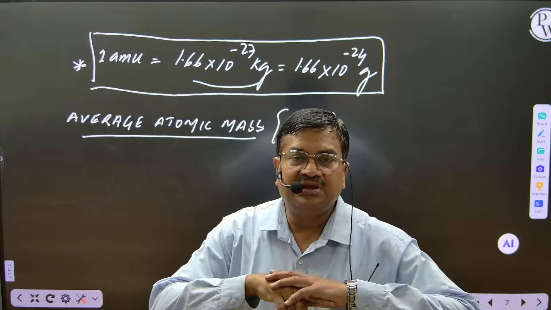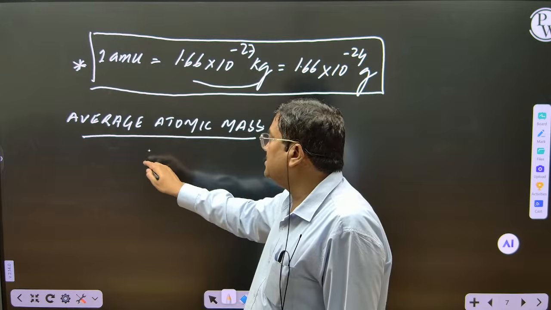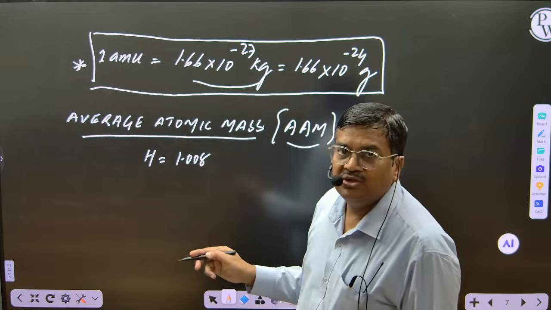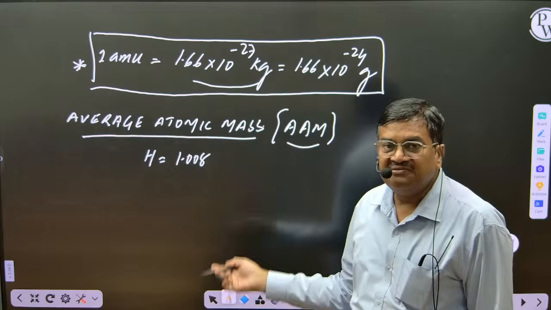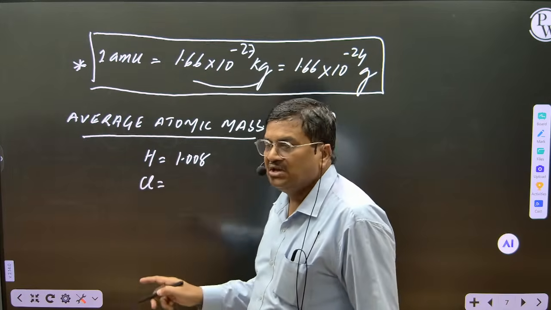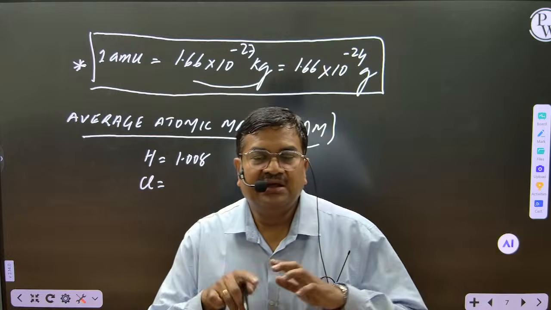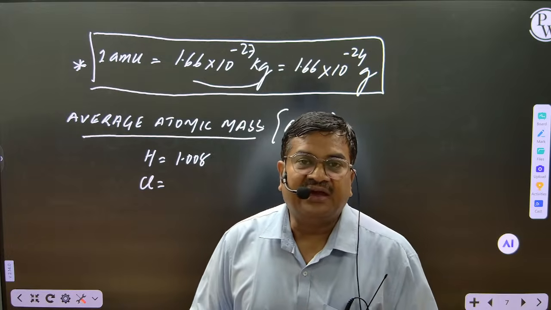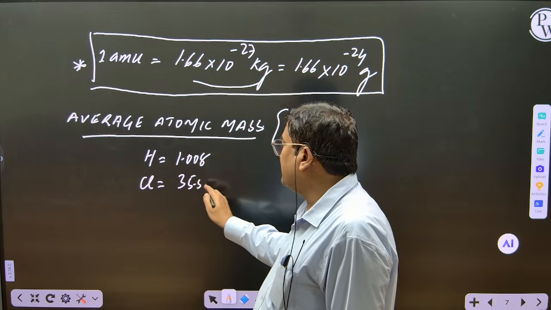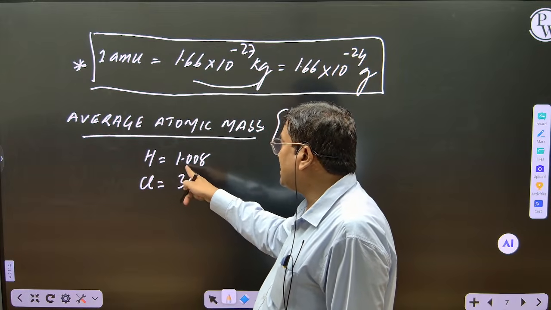If you observe the periodic table, hydrogen atomic mass is given as 1.008 u, but roughly we take 1 in calculation. Same way, chlorine atomic mass in the periodic table is mentioned as 35.5. Are you getting my point? There is a fraction, fractional values are there.